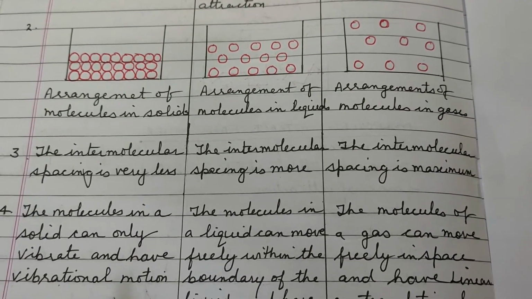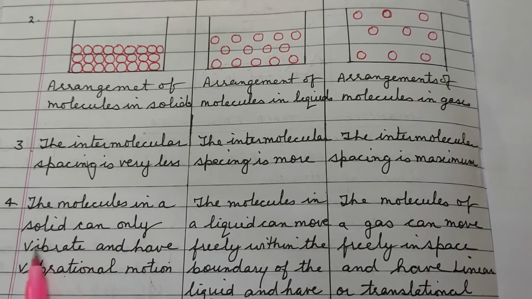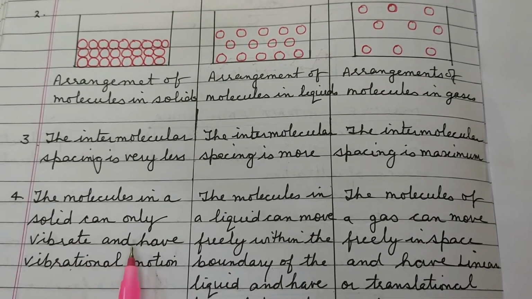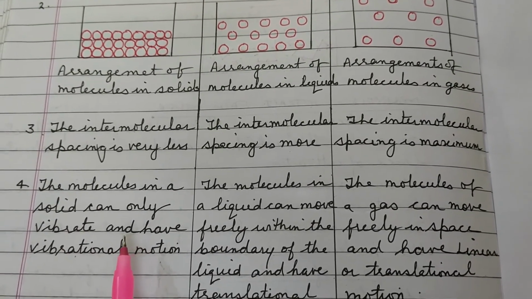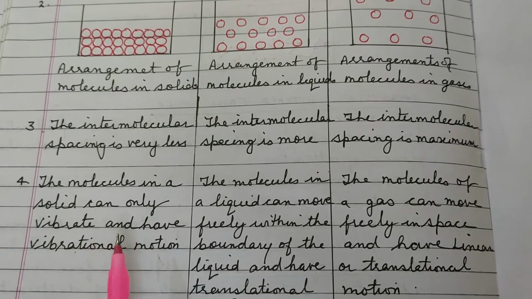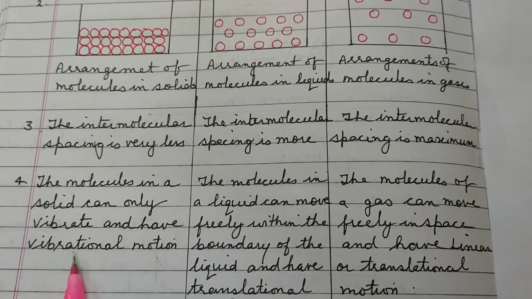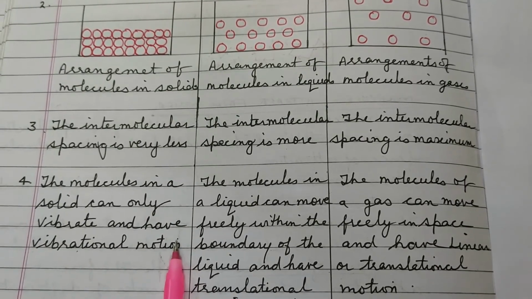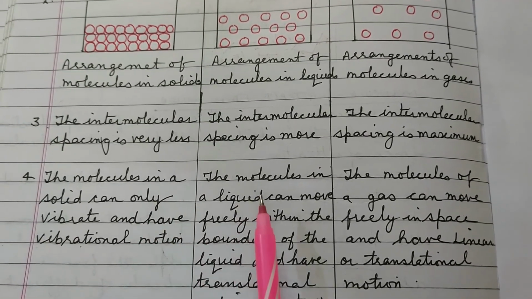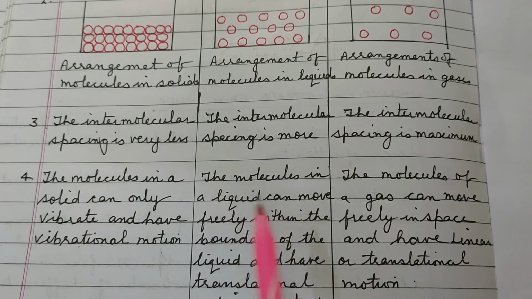In case of solids, the molecules can only vibrate. So if you're asked what type of motion the solid molecules have, you can easily say they have vibrational motion. The molecules of liquids can flow.